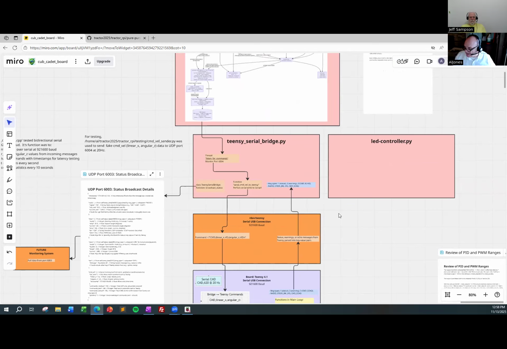Since I'm not using micro ROS, I've been spending time trying to figure out exactly which messages I am going to send from the RPi to the Teensy, and which messages I am going to send from the Teensy to the RPi. And I think I've got that working. I'm comfortable with that.